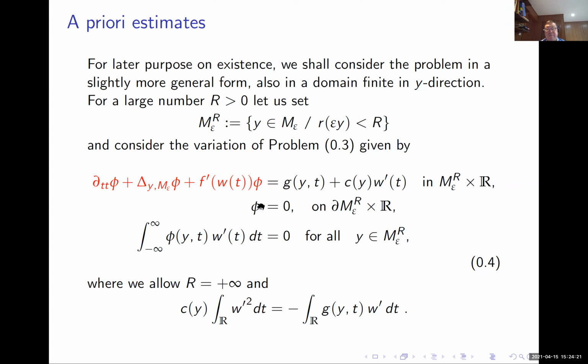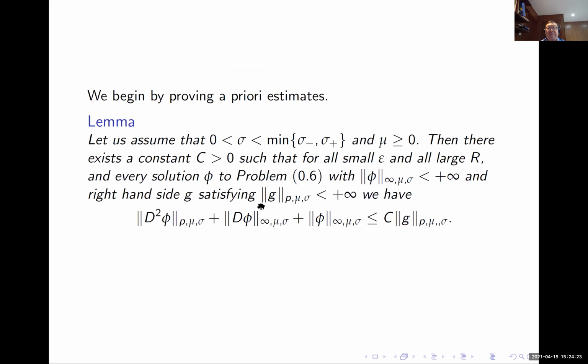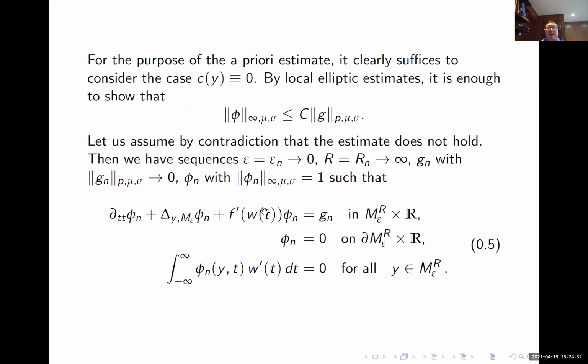So we want to have decay in space and decay in time. We just need to get the L infinity estimate, because once we get L infinity by a local estimate, we can get W^{2,p}.